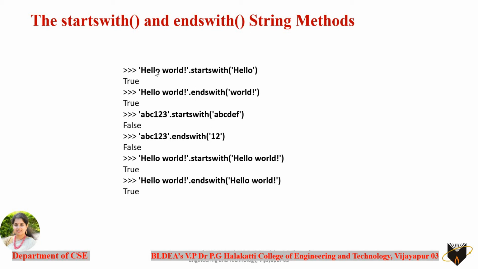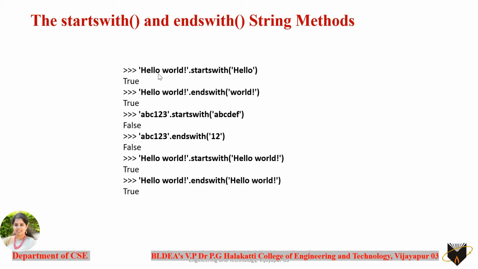As an example, you can see here the basic syntax required for using these methods. They can be used on a string variable or directly applied on the string. Dot startswith, with the parameter on which you want to check whether the string starts with it or not.